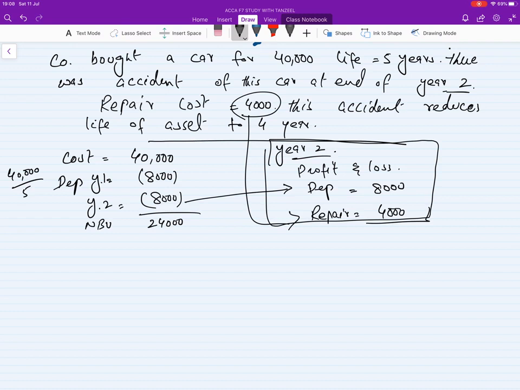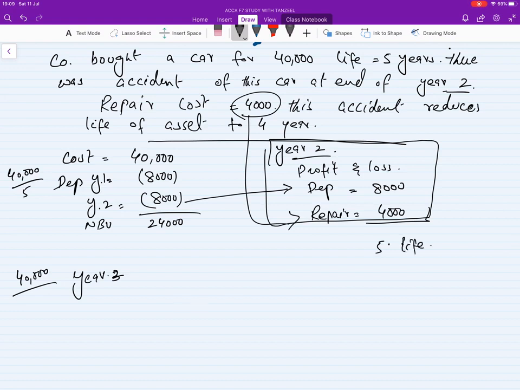Year 3. The total cost was 40,000 before. So because it reduces our life to 4 years, I can calculate here. So the remaining life was 5 years before.